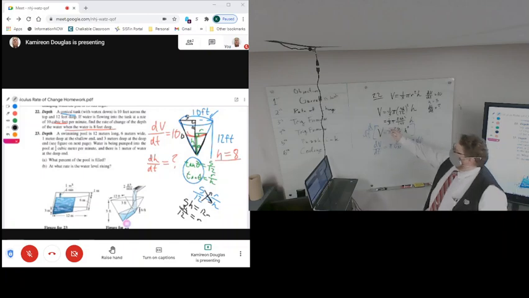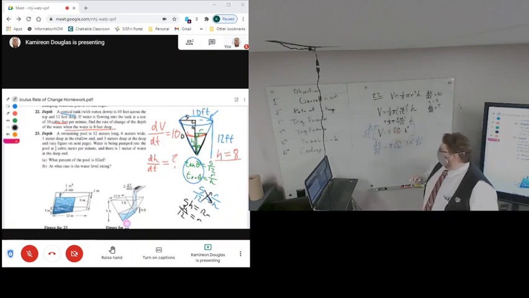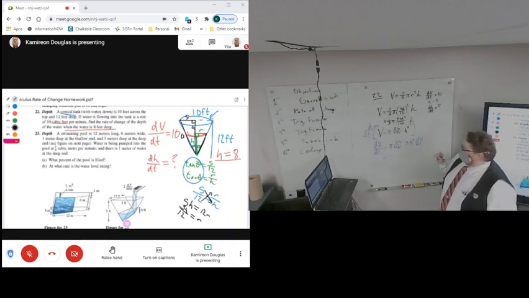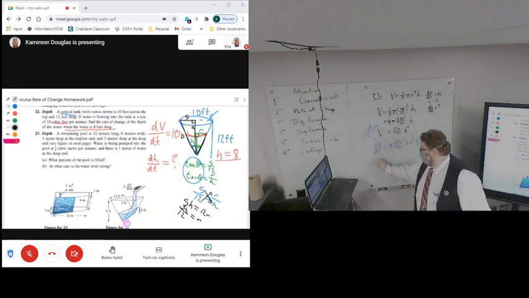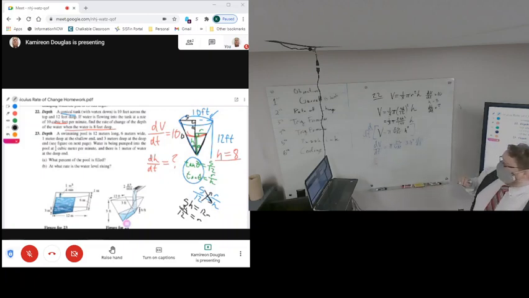Oh, why'd I bother getting rid of that 3? This 3 is going to cancel with it. Okay. What is dH/dt according to our problem? dV/dt is 10. dH/dt is what we're looking for.